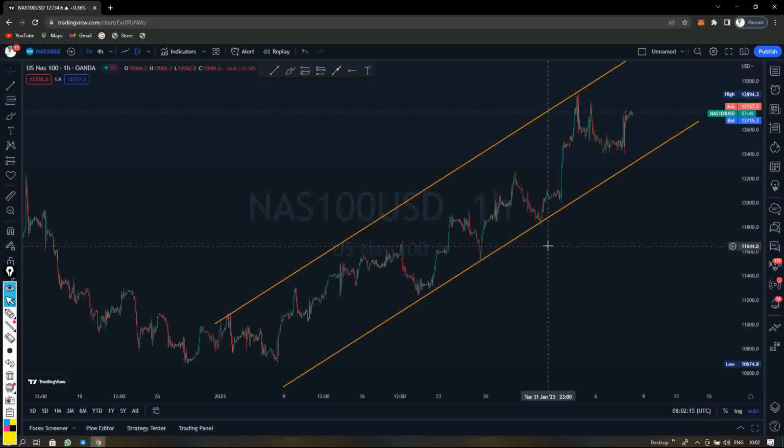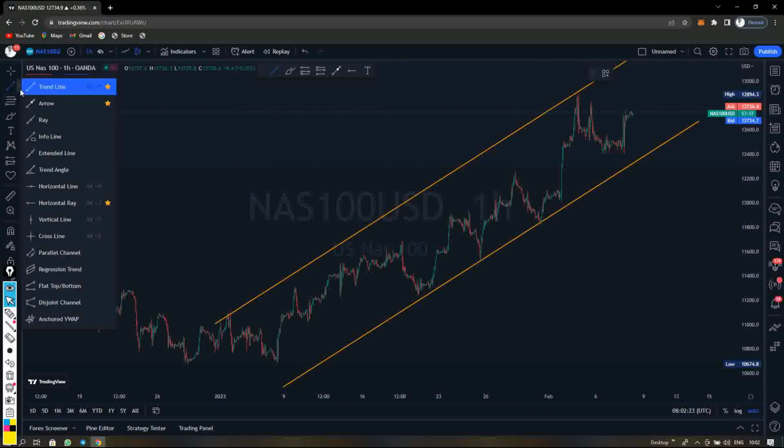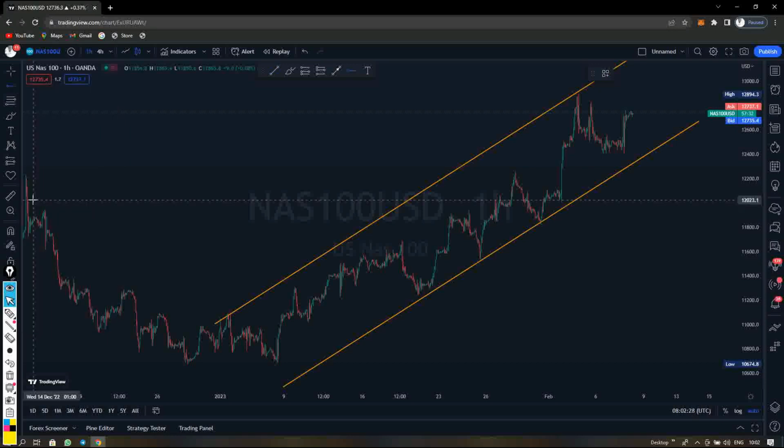So we are not gonna dwell much on this time frame, on the hourly time frame. We are actually gonna be looking at the 15 minutes time frame, but I just want to show you something on this time frame.